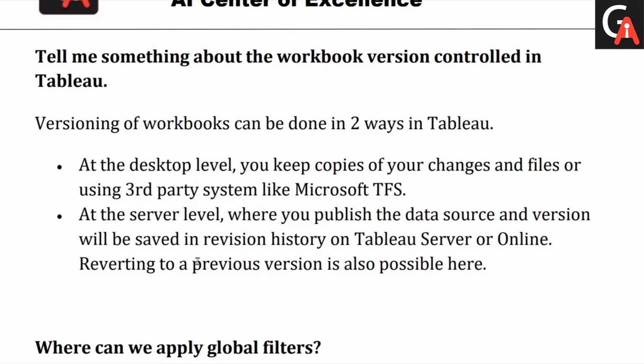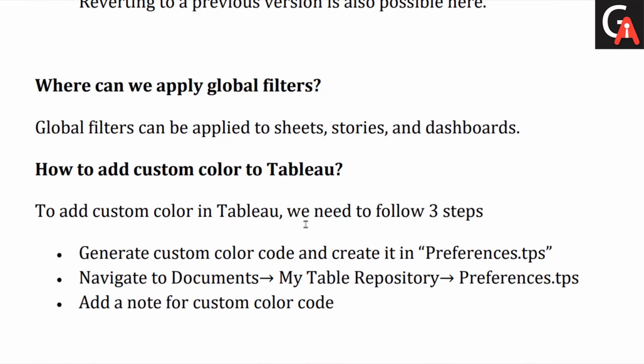The second way is at the server level, where you can publish the data source and the version will be saved in the revision history on Tableau Server or Online. Reverting to a previous version is also possible there. So there are two ways to do versioning of files, desktop level and server level. Clear?